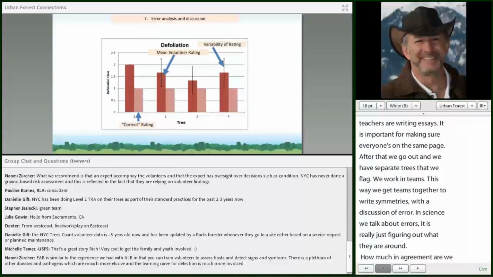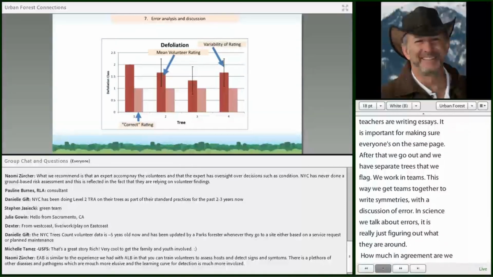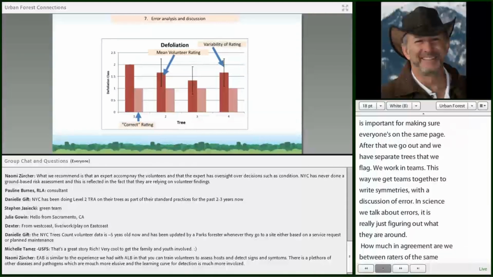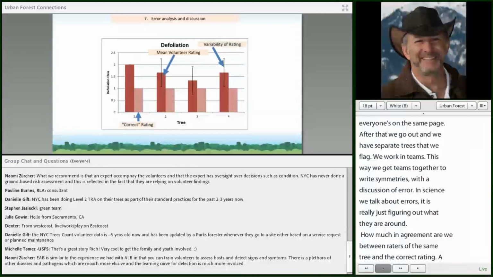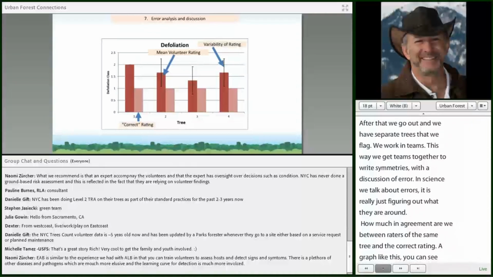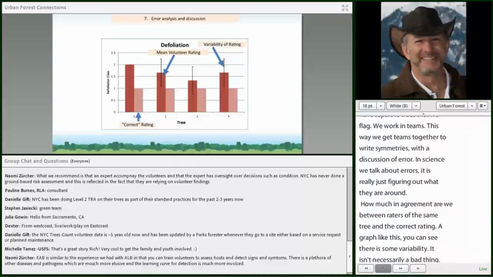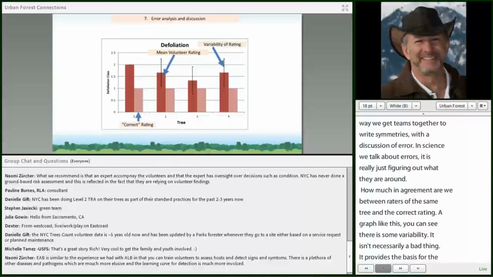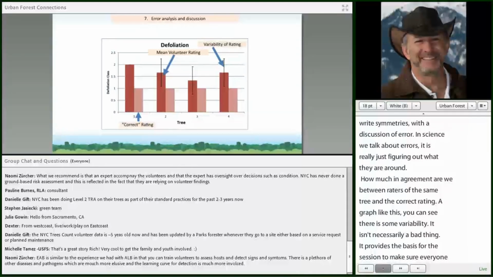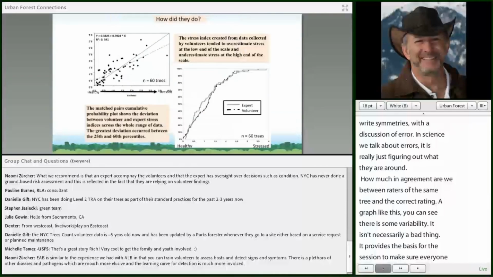And so a graph like this is something from one of our training sessions, and you can see that there is some variability in some of the metrics, and this isn't necessarily a bad thing. This provides a basis for discussion to do further norming and make sure everyone is on the same page with this. And so this is something we go back into the classroom after the training session and talk about. And typically, it's really helpful for this discussion to take place.